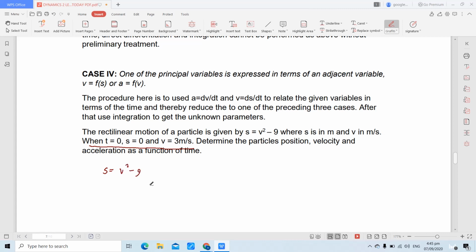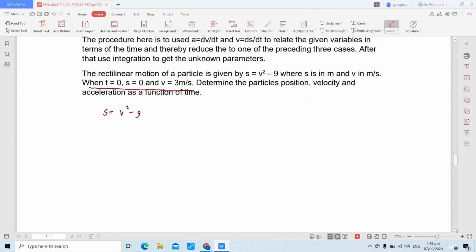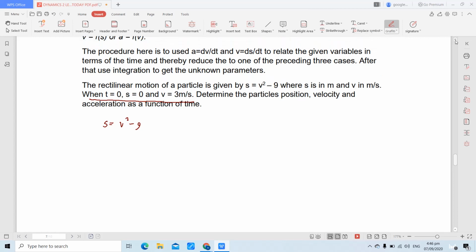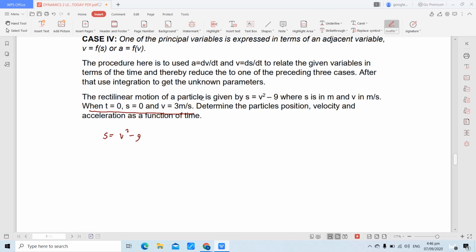Kung mapapansin nyo, yung binigay na equation is s, displacement s, is in terms of velocity v, which wala naman tayo dun. Dapat, ang case number 4, velocity as a function of displacement. Walang s is a function of v.